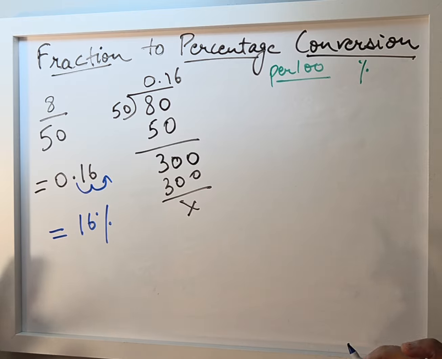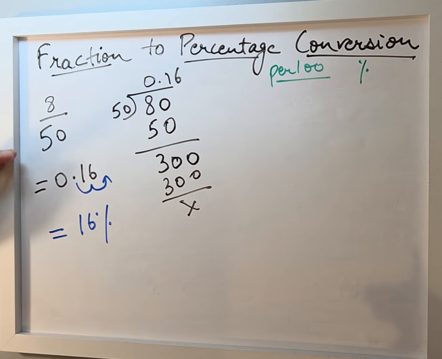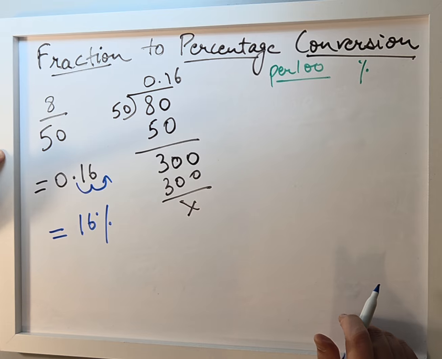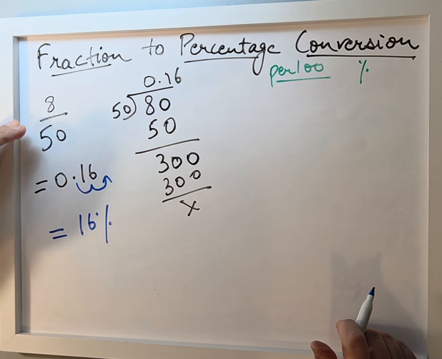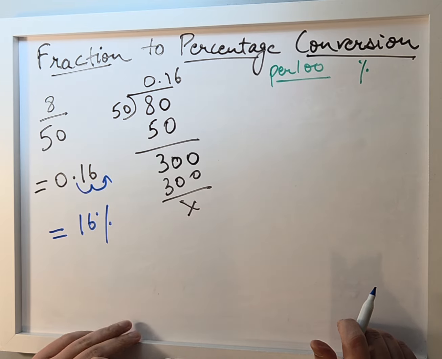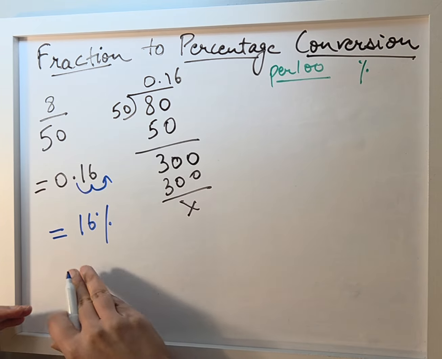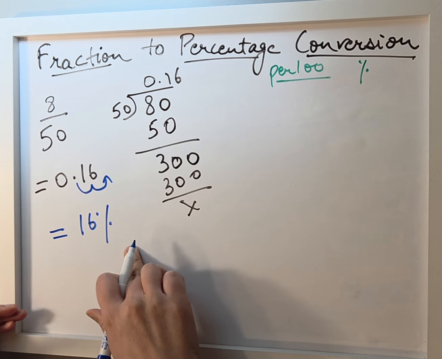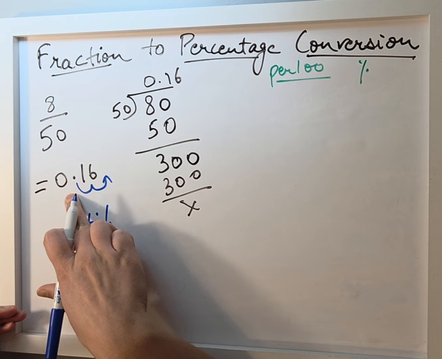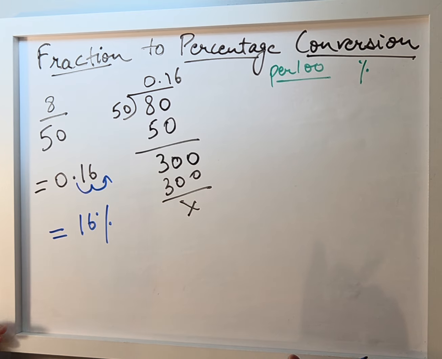This is just another way. Either we make it into an equivalent fraction with denominator 100 and convert it into a percentage, or we actually solve the fraction and directly move the decimal twice, because multiplying by 100 moves the decimal 2 times.